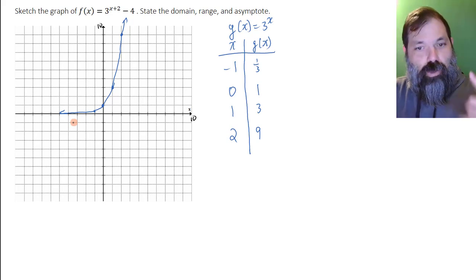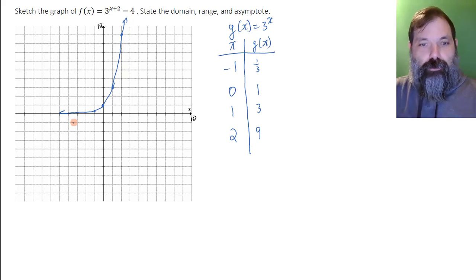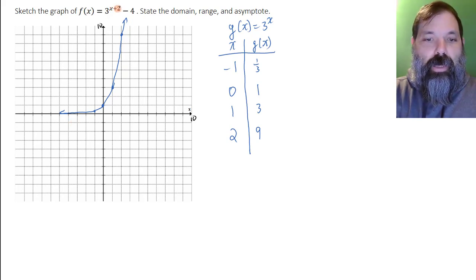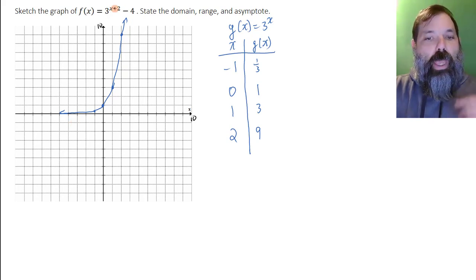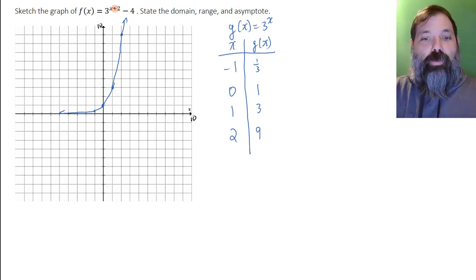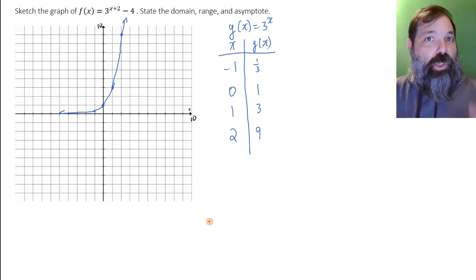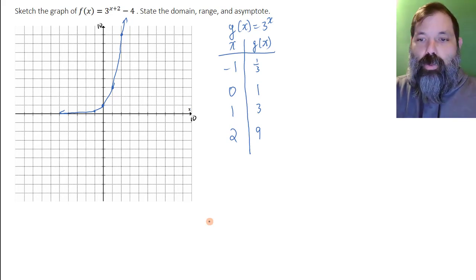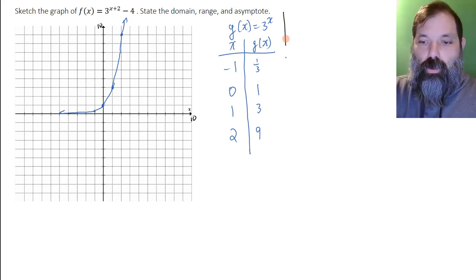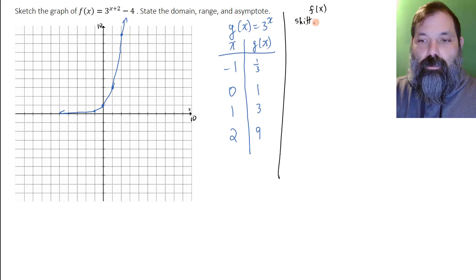Now, take into account the transformations. Instead of an x, we have x plus 2. And that's the same type of transformation we had in an earlier topic, and that says we need to shift left 2 units. All right, so for our f of x, we need to shift left 2 units.